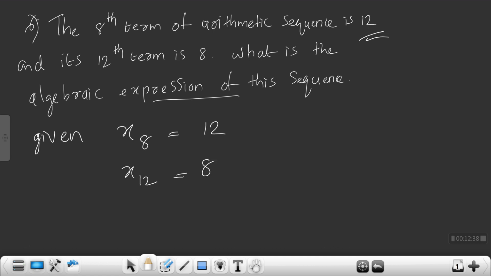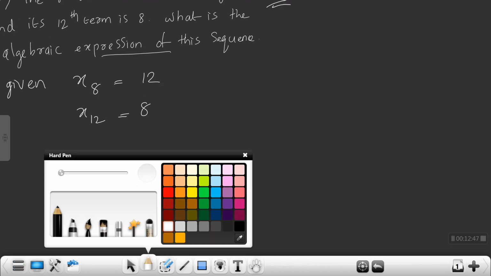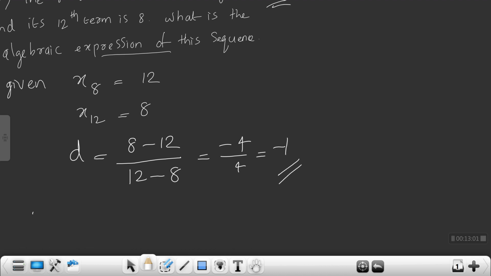We want to write the algebraic expression. For that, first we want to write its common difference and first term. The common difference d is equal to term difference divided by position difference. We already studied about it. That is equal to minus 4 divided by 4, which is equal to minus 1.